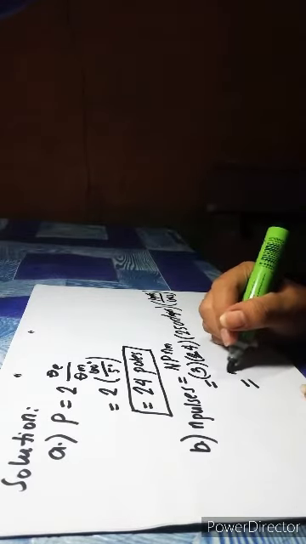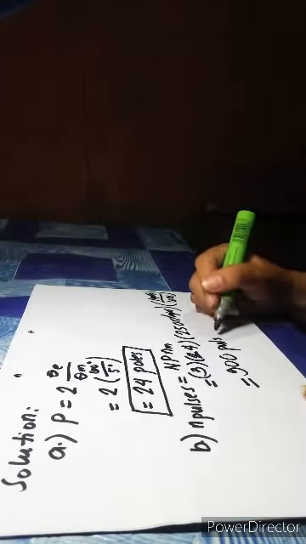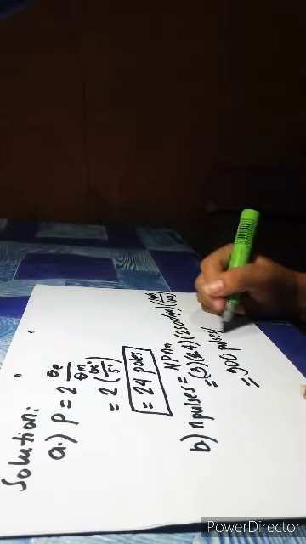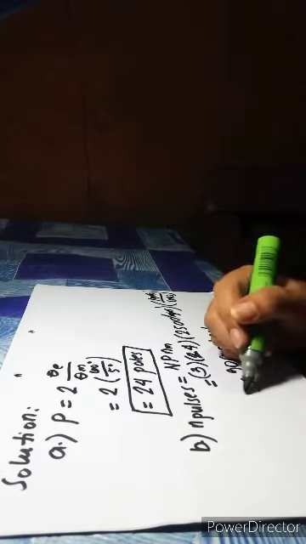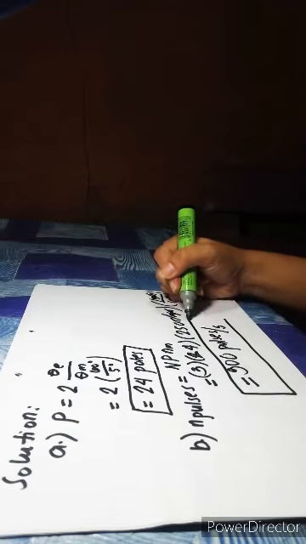Minute will be cancelled. Then the answer is 300 pulses per second. So therefore, 300 pulses per second is being received in the motor's control unit if it is to be driven at 250 revolutions per minute.